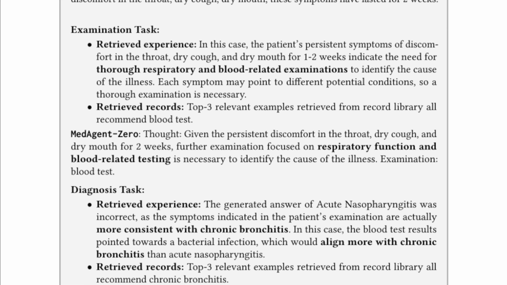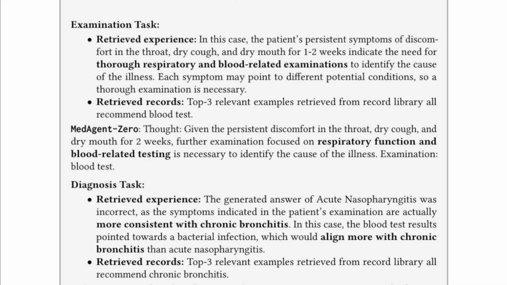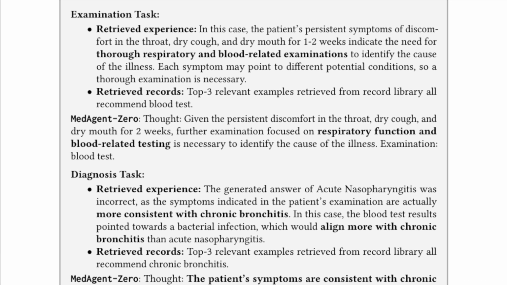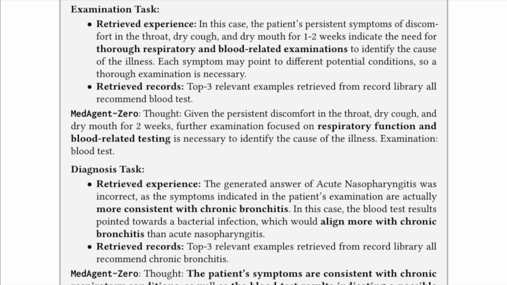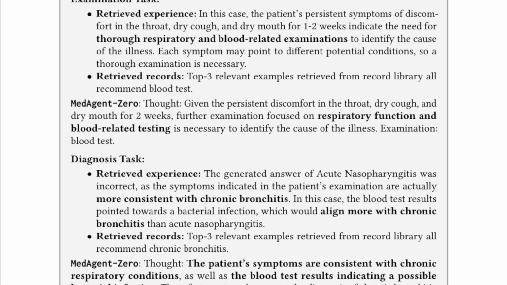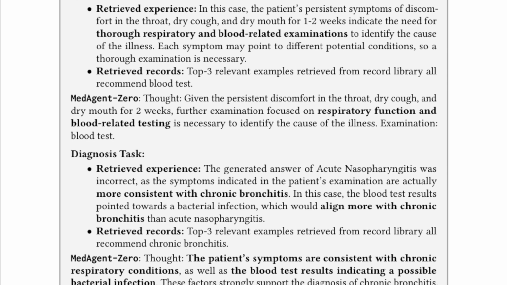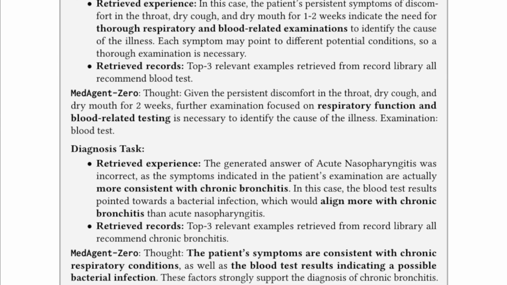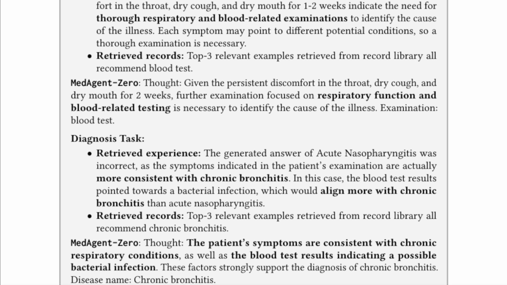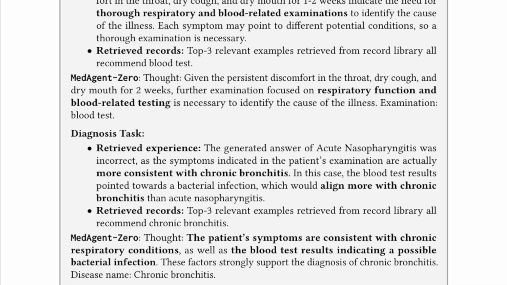Top 3 relevant examples retrieved from record library. All recommend blood test. MedAgent 0. Thought. Given the persistent discomfort in the throat, dry cough, and dry mouth for 2 weeks, further examination focused on respiratory function and blood-related testing is necessary to identify the cause of the illness. Examination: blood test.